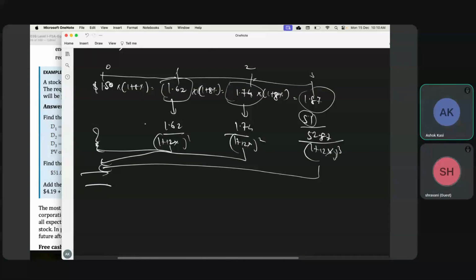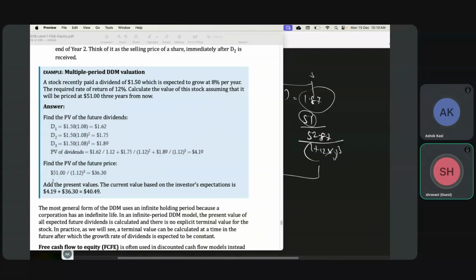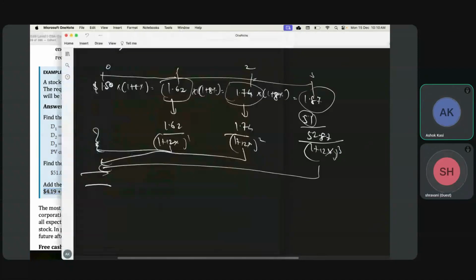I'm getting 39.14. That is okay. 39.14. This is 40.49. No, that is because this number you have taken differently, right? That is the reason. So it is fine only. Okay.